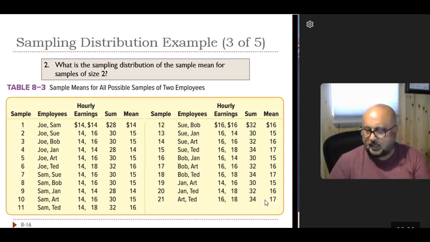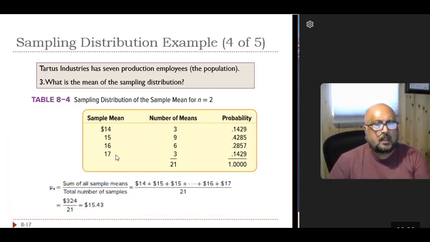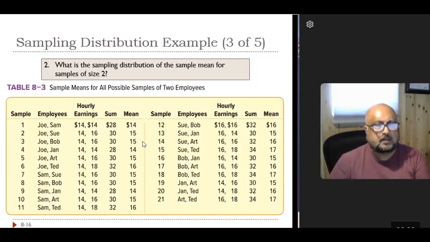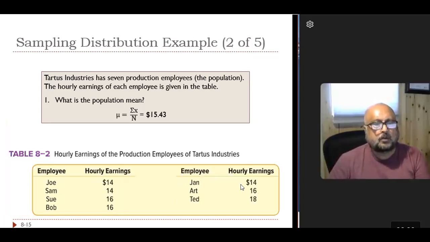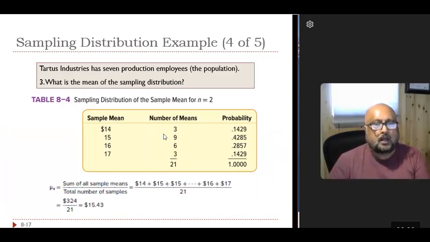And 17 happens 3 times also. 1, 2, and 3. Similarly the other ones also: 15 happens 9 times, and 16 happens 6 times. So these are the numbers of means. They total to 21.